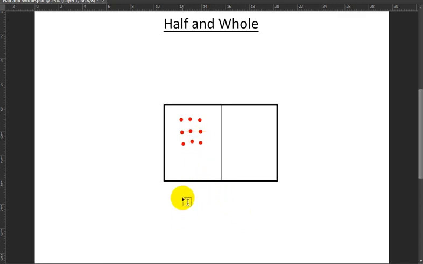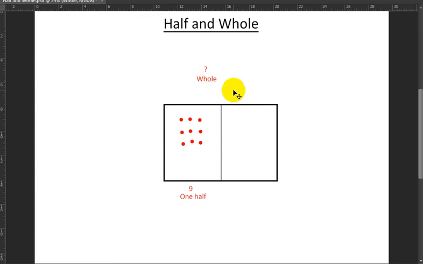So I know that here there are 9 dots. And let's say the problem that's been given to me tells me that this is 1/2 of a whole, and I want to find that whole. I don't know what the whole is. I don't know how many marbles there were altogether. That's what I'm looking for.